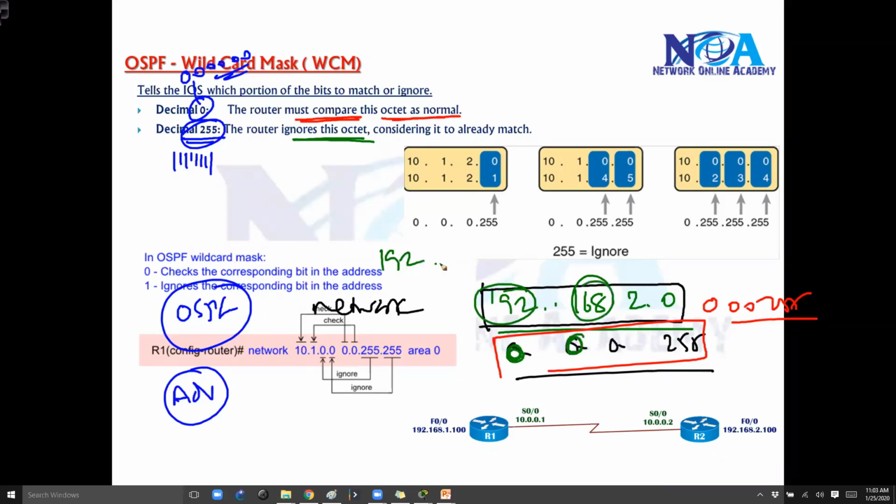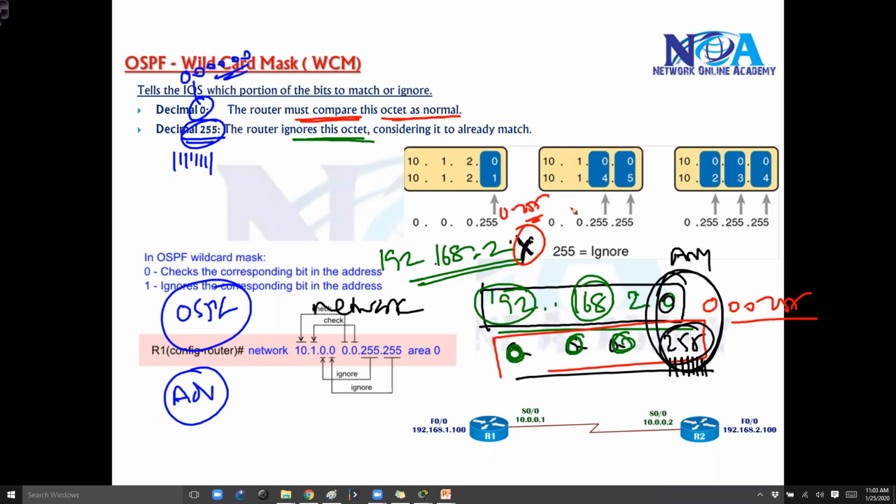Second portion also must match 168. Third portion also should match 2. And wherever there is one means binary ones, ignore. Ignore means it can be anything. So any address means X represents any number from 0 to 255. So wherever there is 0, that is must match, and wherever there is 1, that is ignore.